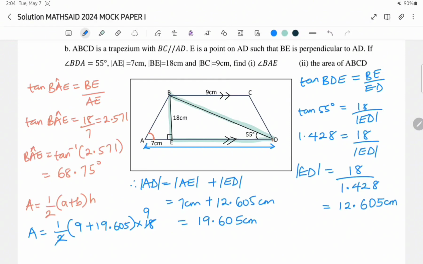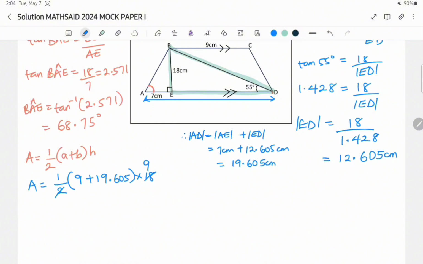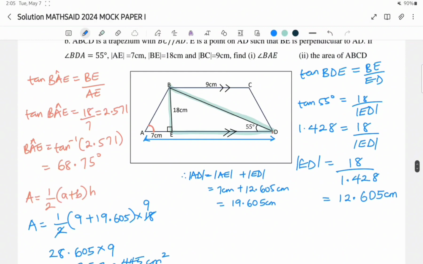That means our answer will be 9 plus 19.605 is 28.605 times 9, and that will give us 257.445 square centimeters. We can actually round it up to, let's say, just 2 decimal places. That's 257.45 square centimeters. So that's the area of the trapezium, which is what we are asked to find in the second part of this question.